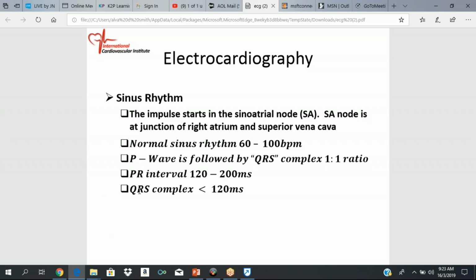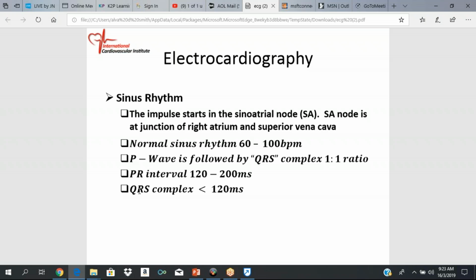So if you look at an EKG or an ECG and you say this is normal sinus rhythm, you're saying a lot of things. So you have to make sure that what you're trying to communicate is what is actually on the ECG.